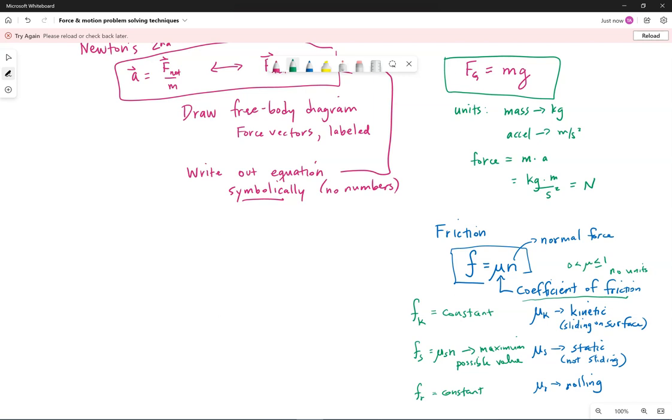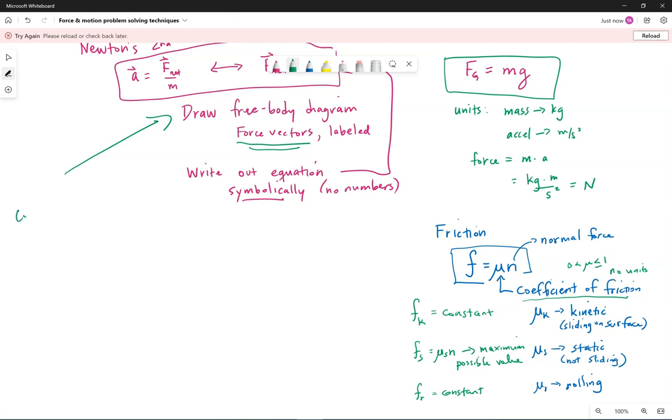All right, so as we look at problems, we're going to identify forces so that we can draw the free body diagram. That free body diagram, as a reminder, represents all the forces. So we draw all the vectors representing the forces acting on the object. We label those forces so we know what they represent.